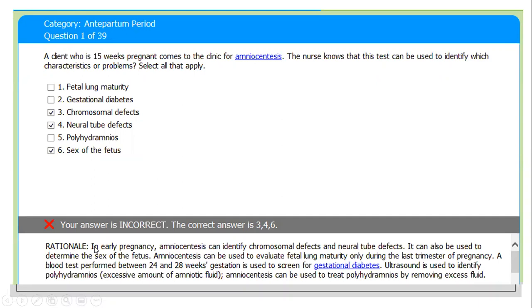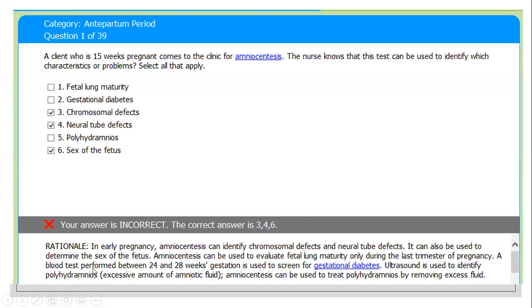So the rationale says in early pregnancy, amniocentesis can identify chromosomal defect and neural tube defect. It can also be used to determine the sex of the fetus. Amniocentesis can be used to evaluate fetal lung maturity only during the last trimester of pregnancy.